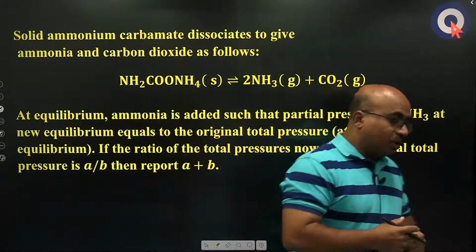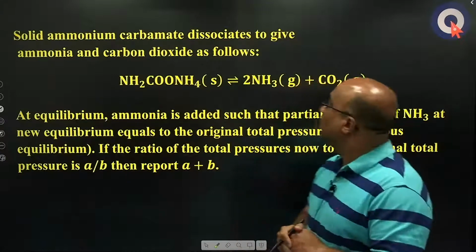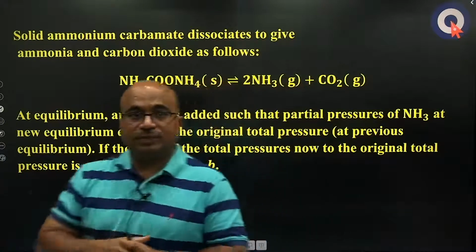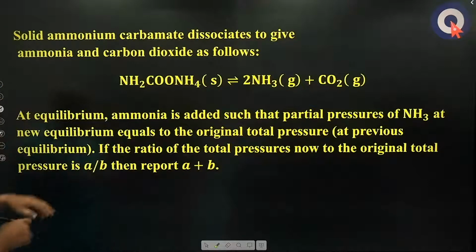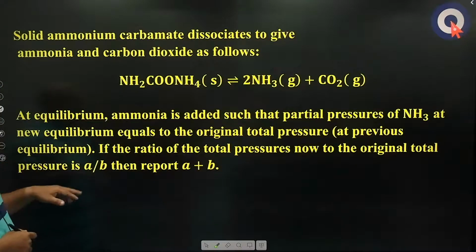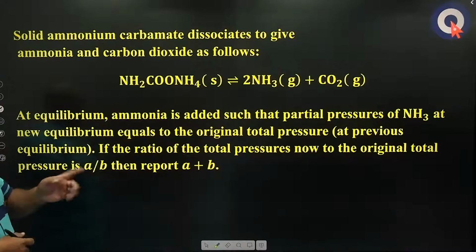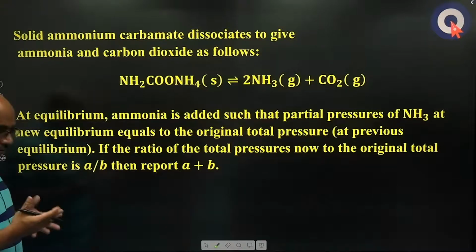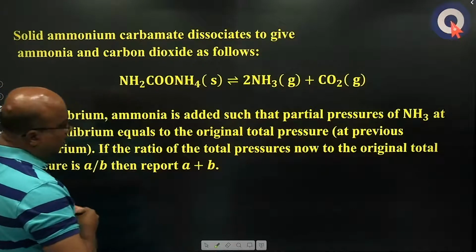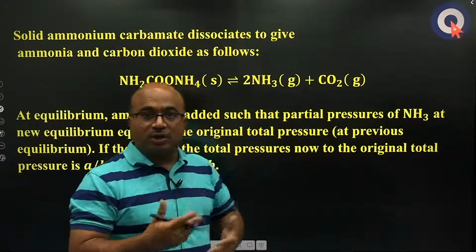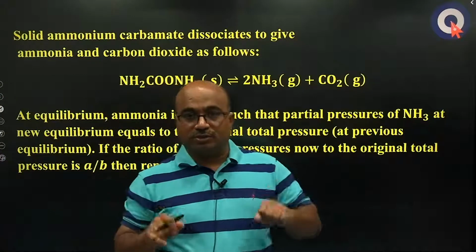Solid ammonium carbonate dissociates to give ammonia and carbon dioxide as per the equilibrium. Now at equilibrium, ammonia is added such that the partial pressure of ammonia at the new equilibrium equals the original total pressure. So some ammonia we added, and after that a new equilibrium is reached, because as we add a reactant or a product, the equilibrium might be disturbed.